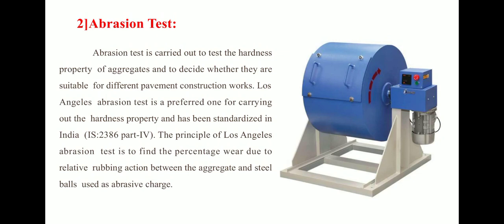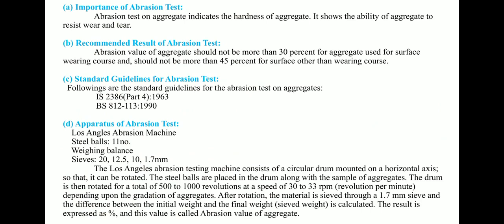The principle of the Los Angeles abrasion test is to find the percentage wear due to relative rubbing action between aggregates and the steel balls used as an abrasive charge. Now, what is the importance of this abrasion test? The abrasion test on aggregate indicates the hardness of aggregate.